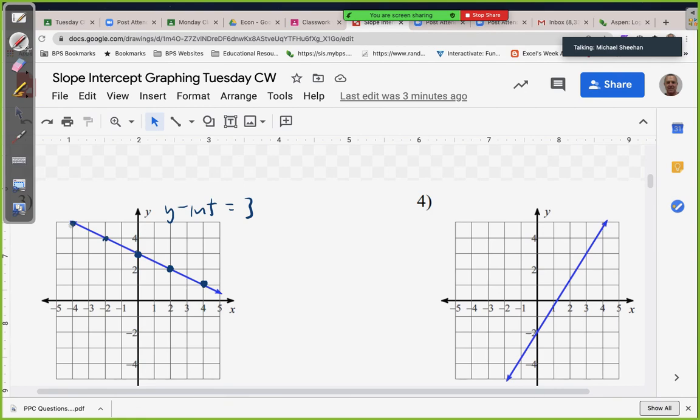That's what you want to look for. And now you're going to count out. Down how many? Over how many? That's your slope. Down 1. Over 2. Good. And then when you get to number 4, how about this point and this point?